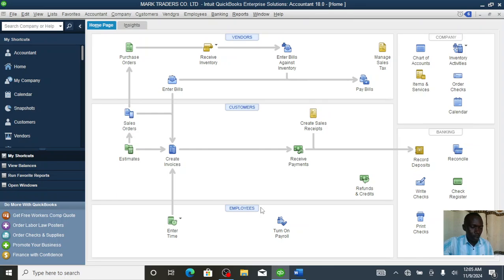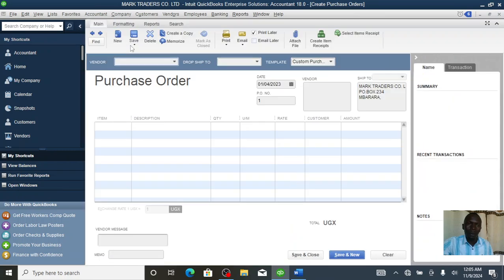Our next transaction is on 6th January, bought 100 liters of engine oil. So we shall go to purchase orders. So we don't have the vendor. We shall let the vendor be Musa.